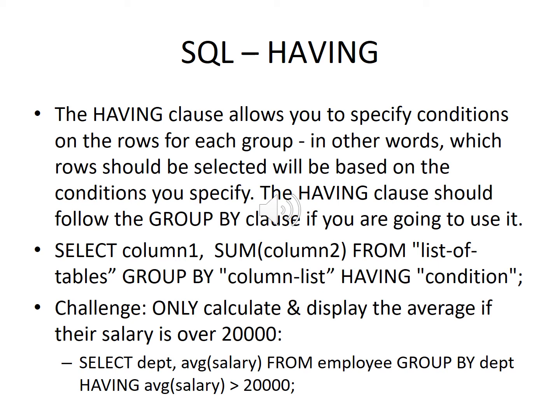Group by will ensure that the average salary number for each department will be listed next to the department number. And finally, we will use the statement having, and then again that average salary that we're selecting, we only want to see those that are over 20,000.